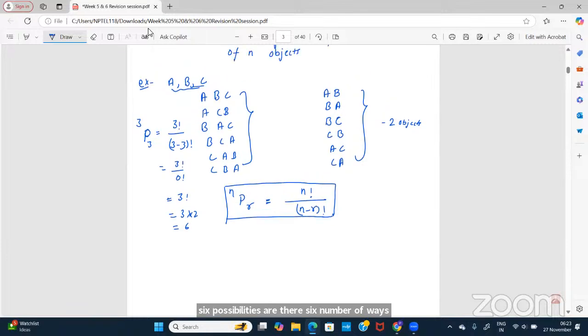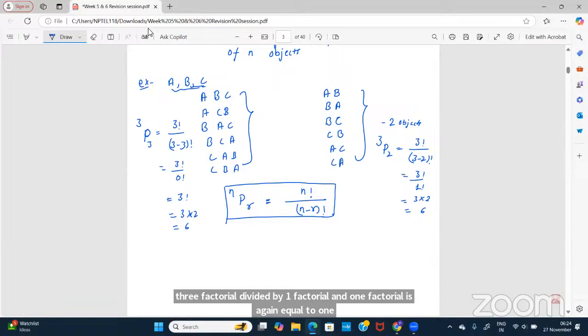Now, if we have to take only two out of these three, it will be 3P2, right? So it will be 3 factorial divided by 3 minus 2 factorial. So 3 factorial divided by 1 factorial, and 1 factorial is again equal to 1. Okay, so again it will be equal to 6, right?